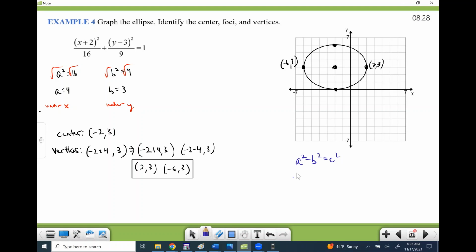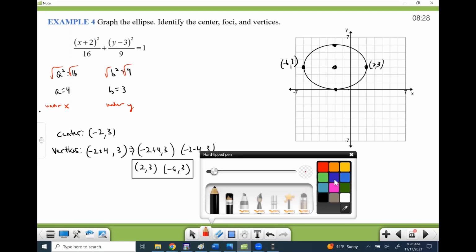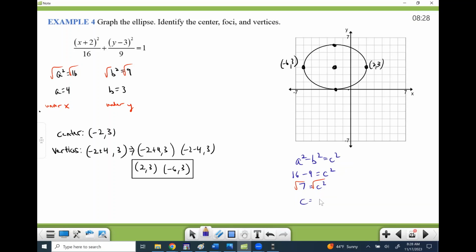So a squared is 16, b squared is 9. 16 minus 9 is 7. And then we'll square root, get c equals square root 7. But we'll see, we don't need the plus or minus on it.